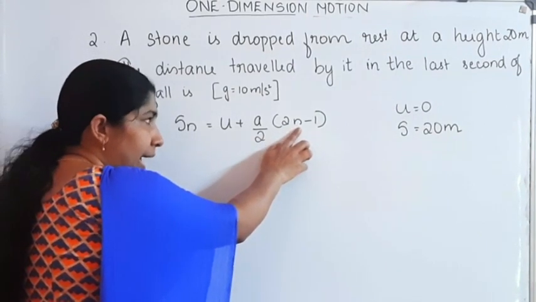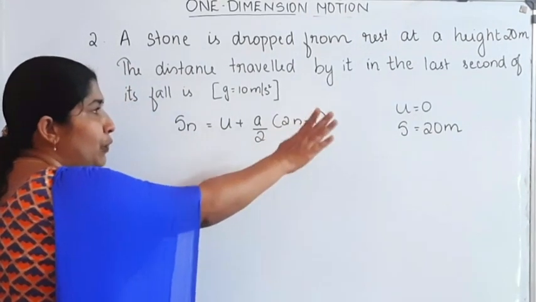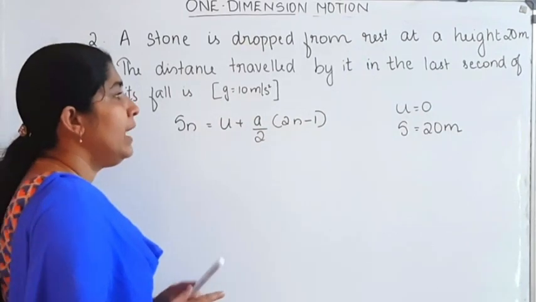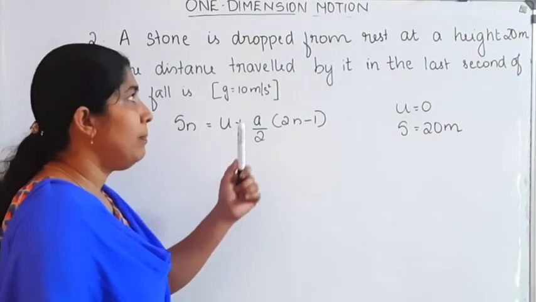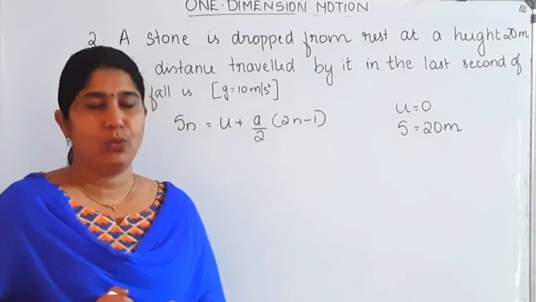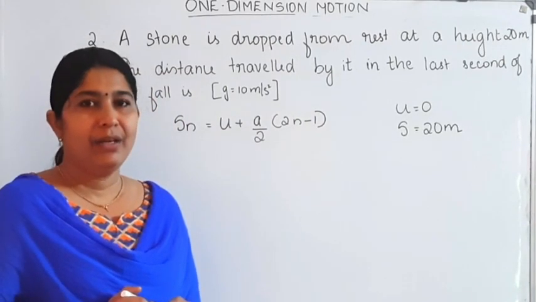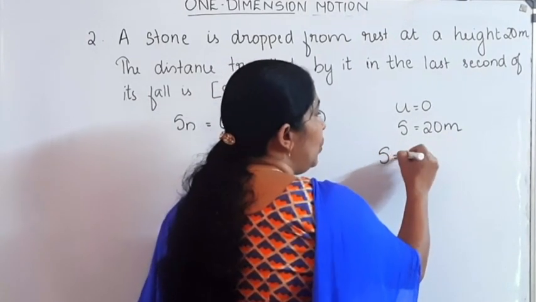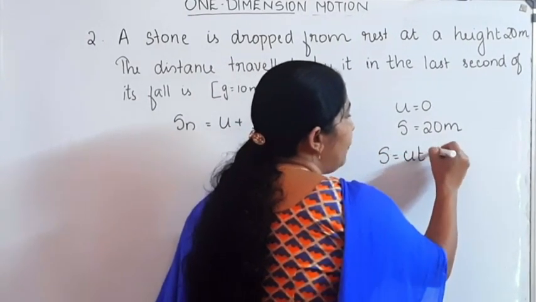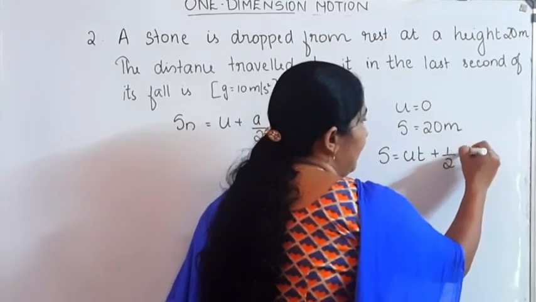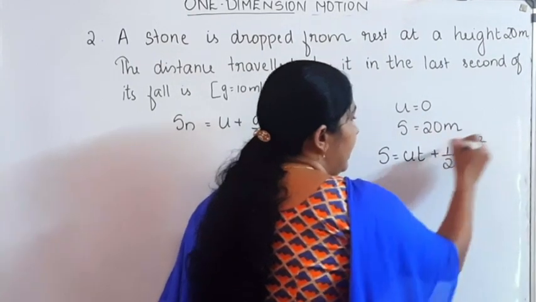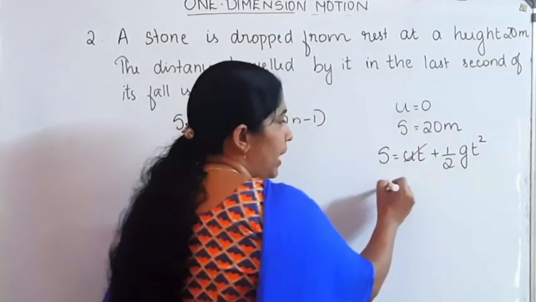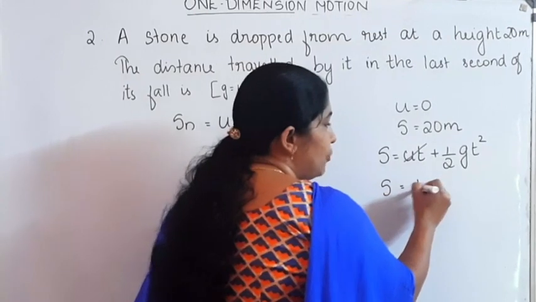To find n, first of all, we want to find the time taken by the body to reach the ground. For this, we can use the equation s is equal to ut plus half gt square. Here, u is equal to 0. Then s is equal to half gt square.